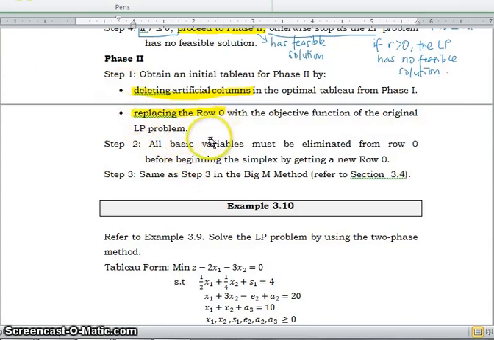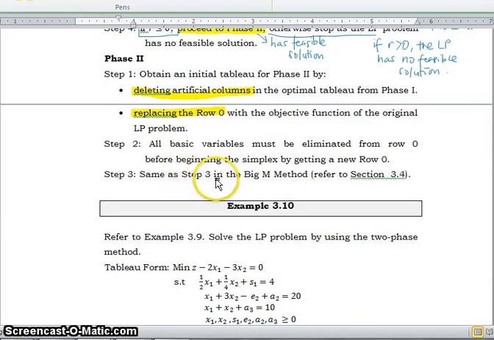After you write the initial tableau, you need to make sure that all basic variables have 0 coefficient in row 0. It means you need to eliminate all basic variables from row 0 before beginning the simplex. And then you can check the optimality of the tableau.